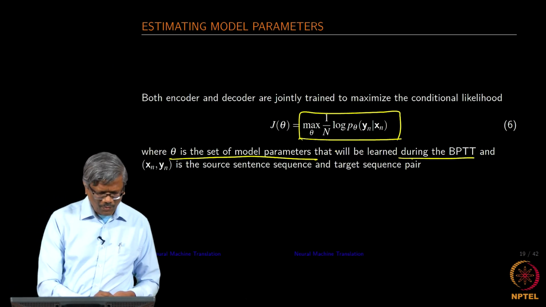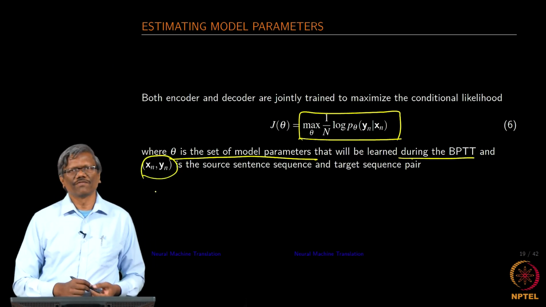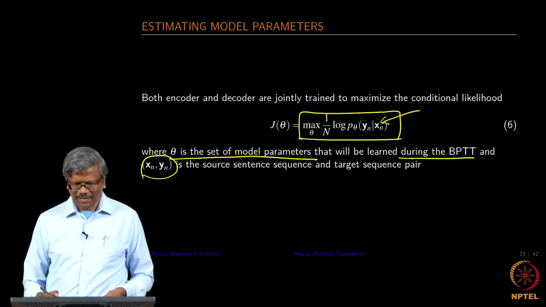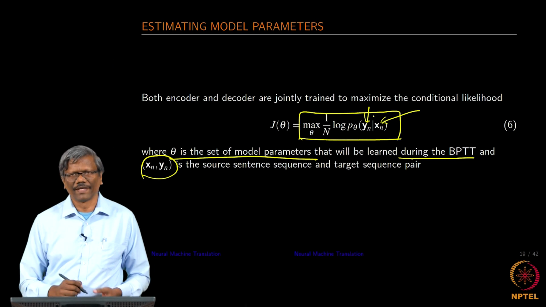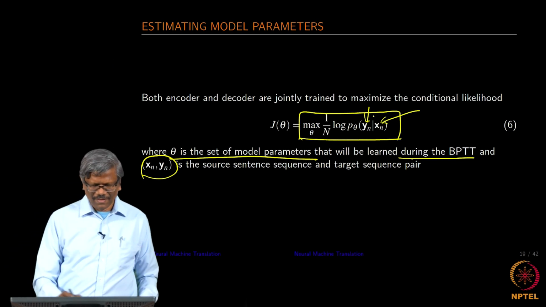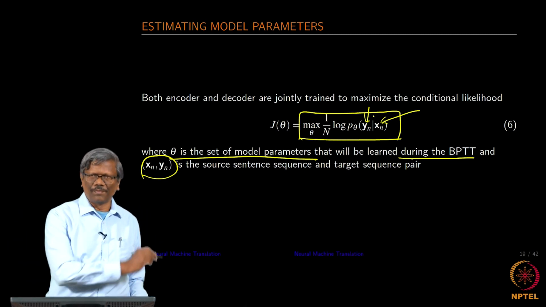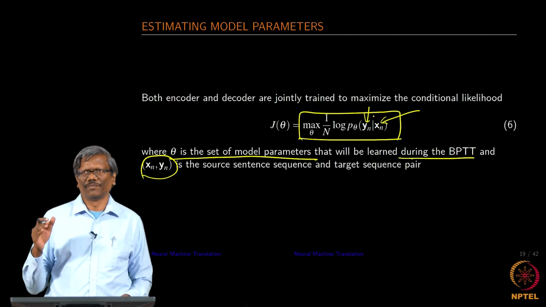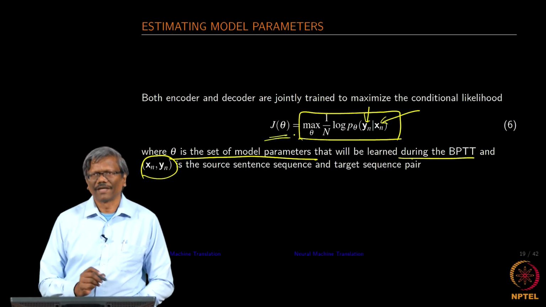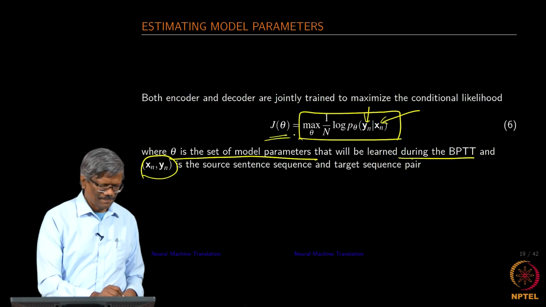And xn and yn are the sequences that we are providing as input and output. This is coming from the encoder, and this is what we are expecting as the output. Then compute the error at every stage, back propagate, and make the system learn the weights every time until it is minimized.